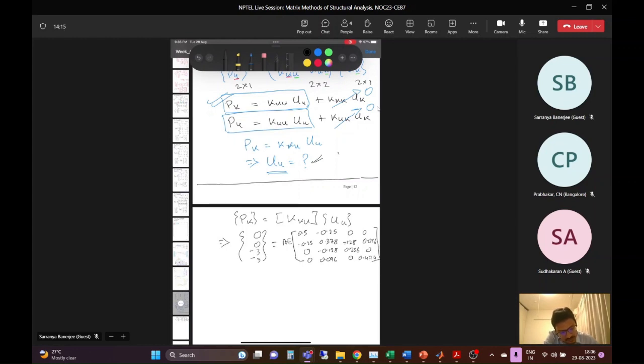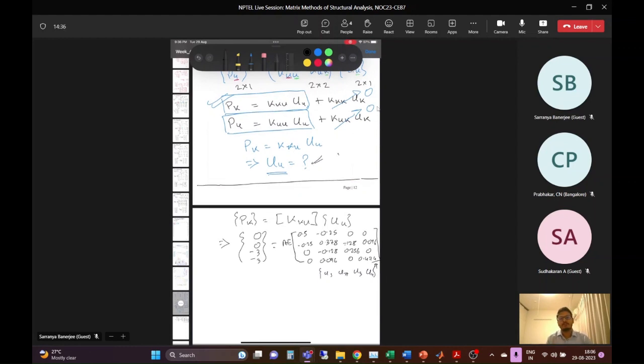So this is the stiffness matrix, and I don't have space to write the unknown displacement vector. So it will be U5, U7, U3 and U4 in transpose. This kind of notation is okay, I guess. I am writing it as a row but it is a column vector. So these two are multiplied.